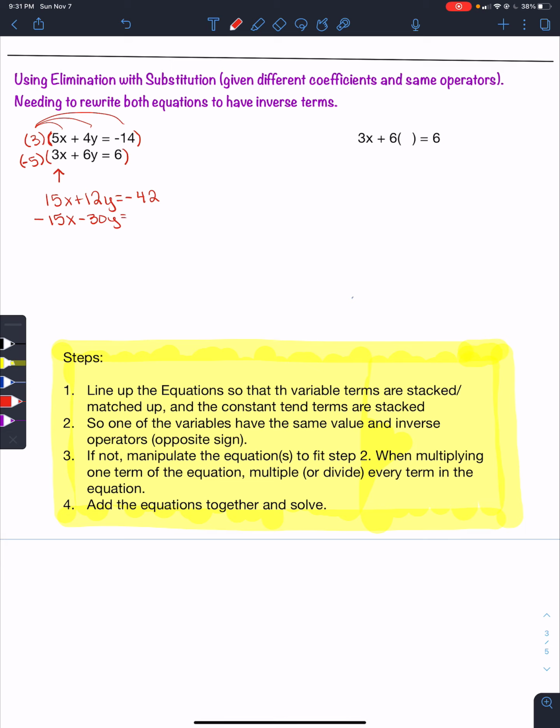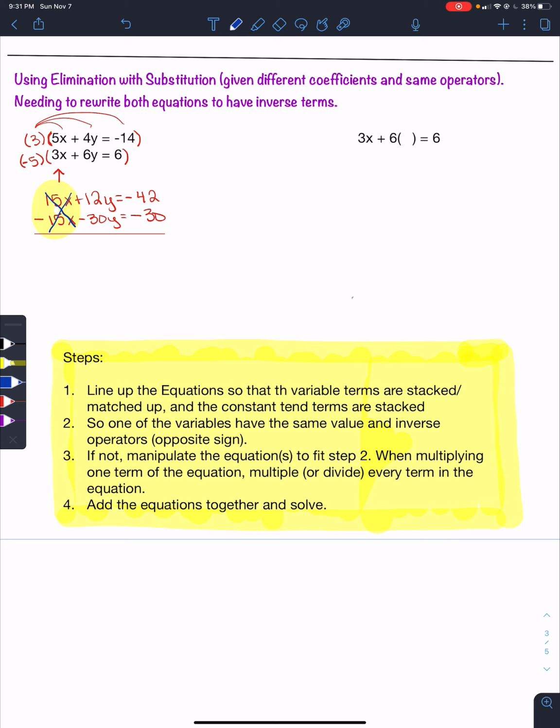And negative 5 times 6 gives me negative 30. Okay. Our x's now have the same coefficient and opposite operators. Okay. The x's are eliminated.